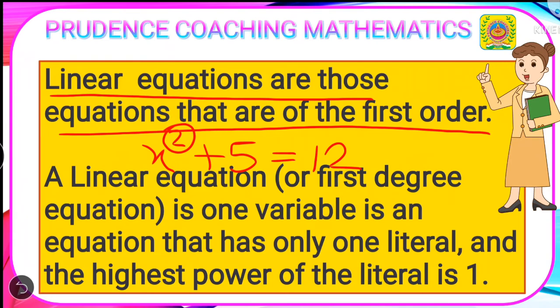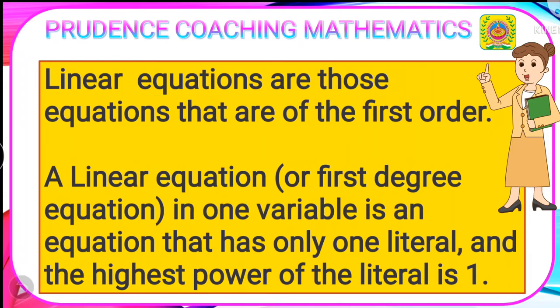Therefore here the degree is 2, or it is a second order equation. Therefore it is not a linear equation. So according to the linear equation definition, we get to know that the highest power of the variable should be 1. So here let us go through a linear equation in one variable, because in this particular chapter we are going to deal with linear equation in one variable.